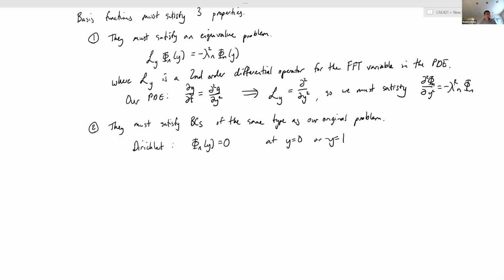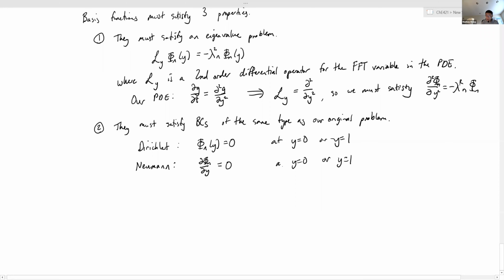This is as opposed to other types of boundary conditions, which we could potentially find, and you will have to solve some problems that look like this, where instead of the value of the function being 0, it could be that the value of the derivative is equal to 0. Okay.